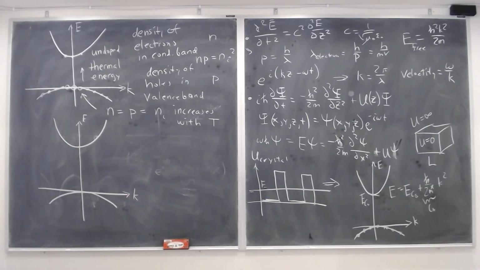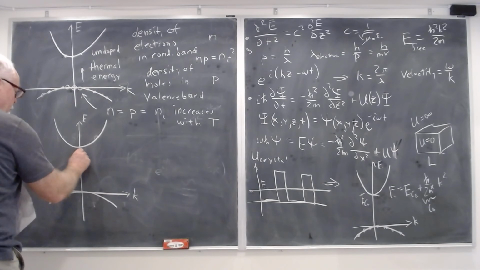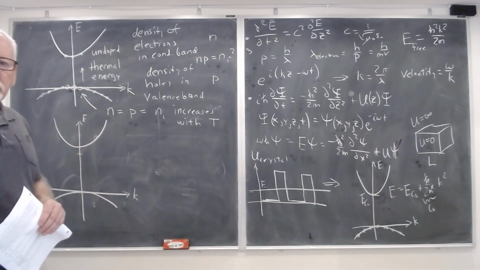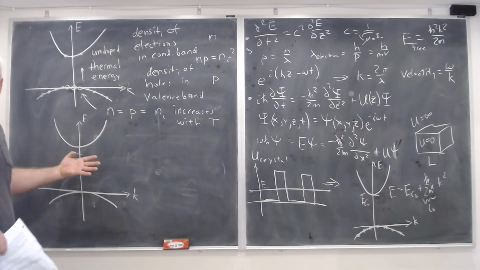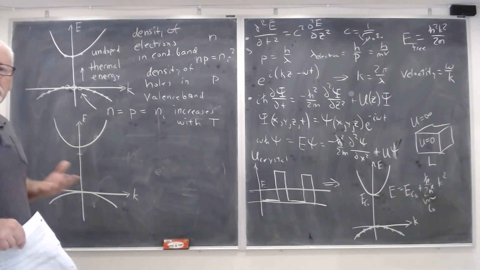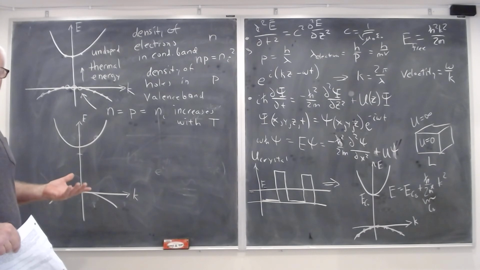Now let's say we dope it with donors. Now, as I explained before the midterm, a donor impurity introduces a state in the band gap because it's essentially a defect in the crystal.